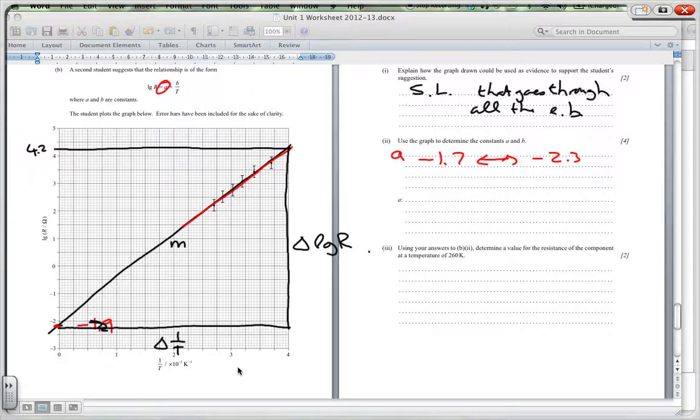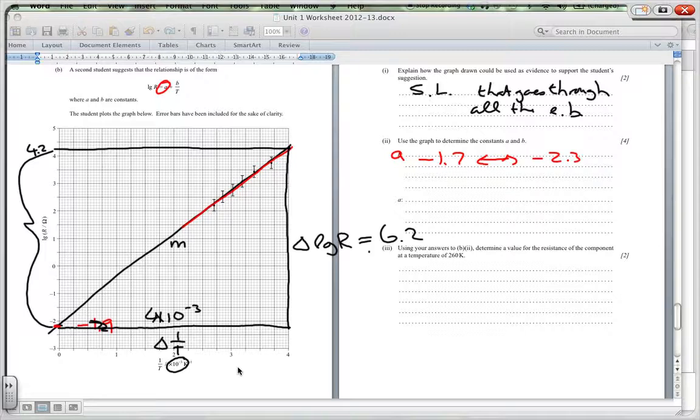So we're going from minus 2 to 4.2, so we're going up there about 6.2, and across here I'm going across 4, but notice here that this is 10 to the minus 3, so got to be a little bit careful about that. So this is going to be 4 times 10 to the minus 3.